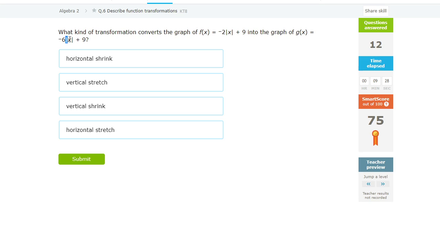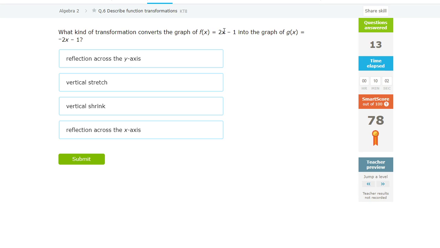So that means you multiplied inside, not outside, because if you have a number out here, that means both of them would change. Multiply the entire function by some value. So if you multiplied by 3 on the inside, look at your transformations guide. Which one multiplies a number inside? And then you have to observe, is that greater than 1 or less than 1? We already said that was by 3. So multiplied by 3 on the inside would be a horizontal shrink. Okay?